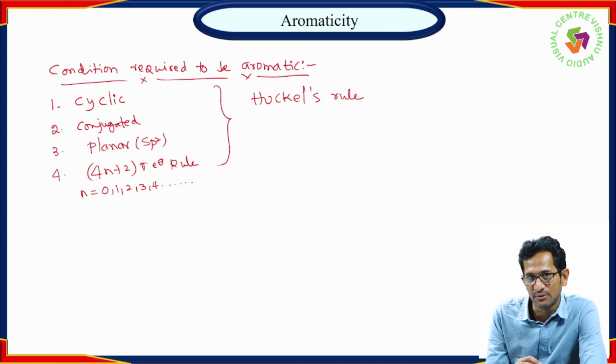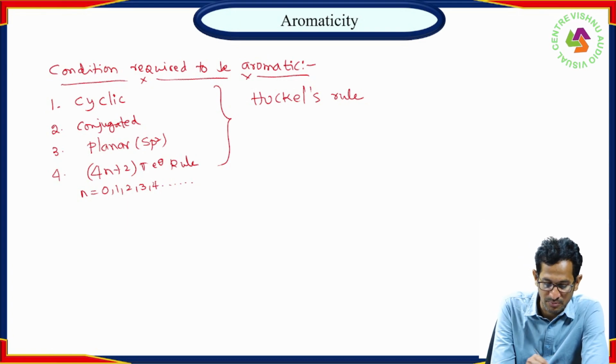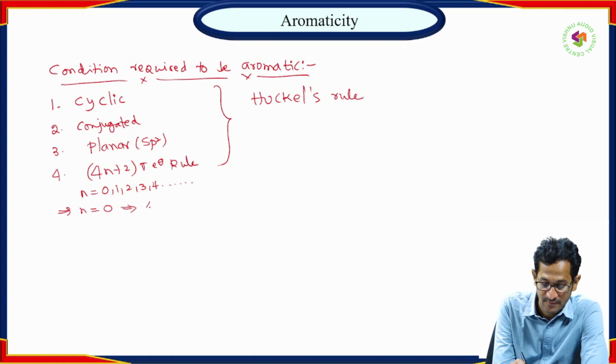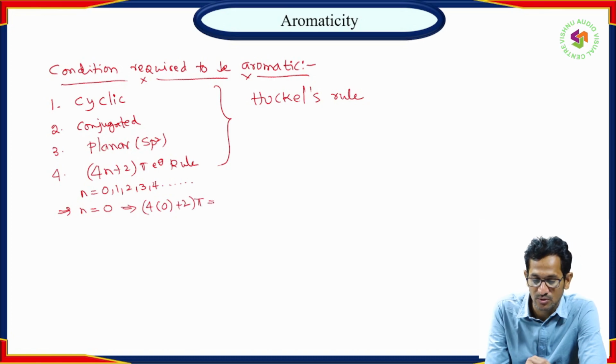I will substitute the different n values in the 4n plus 2 pi. The first case, if n is equal to 0, then 4 into 0 is 0, plus 2 pi, gives 2 pi electrons.